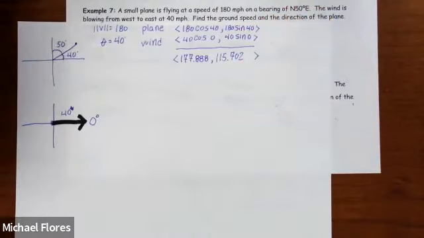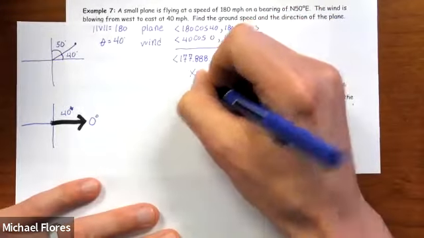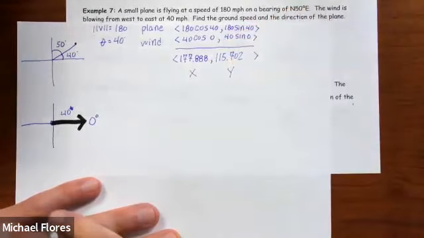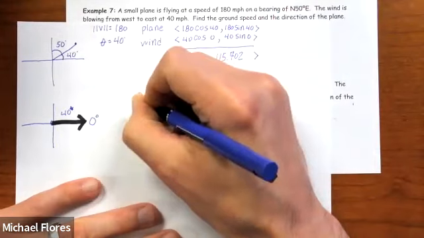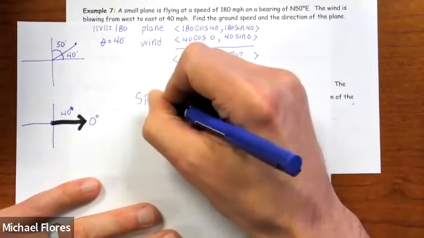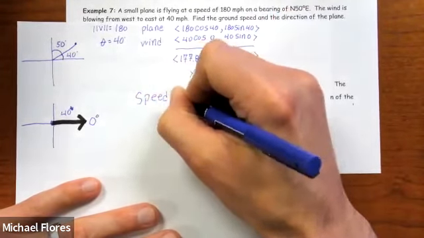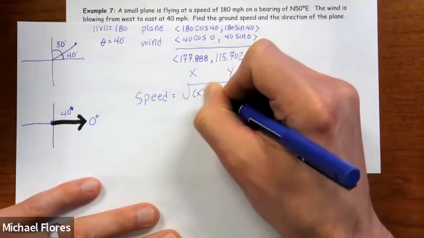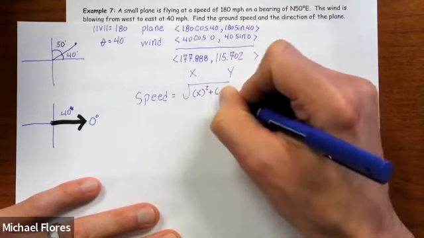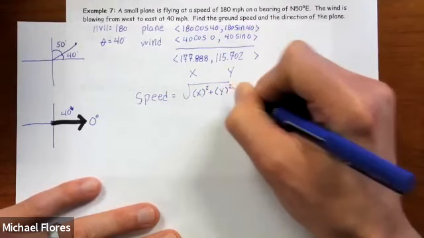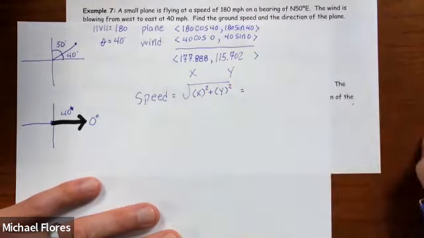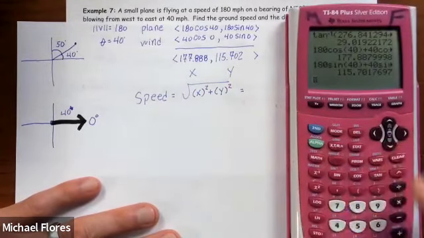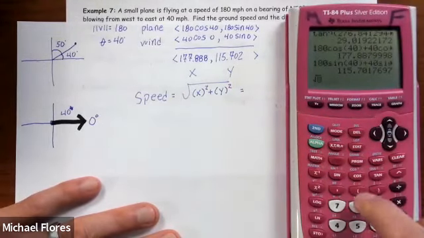All right, we need to find the ground speed and direction of the plane. So we're going to follow the exact same process that we did with example 6. Square root, open parentheses.